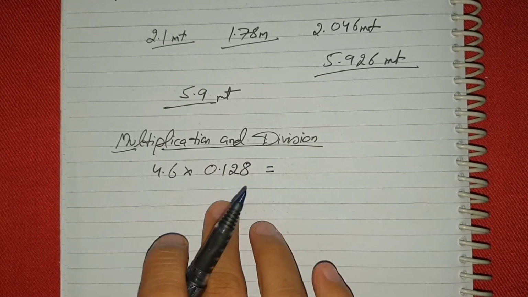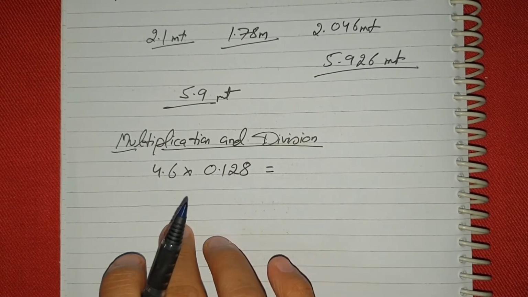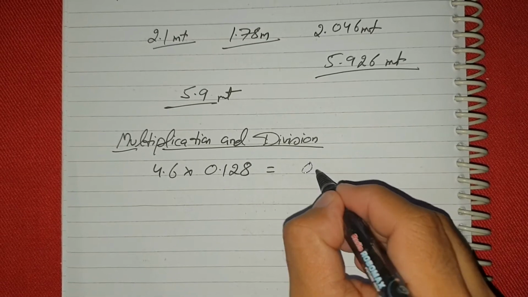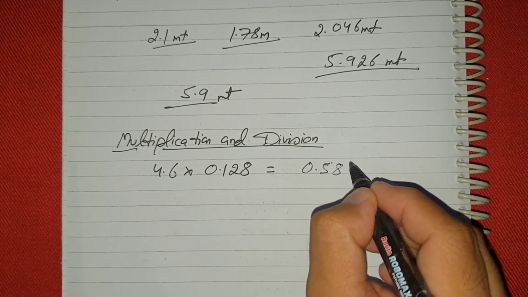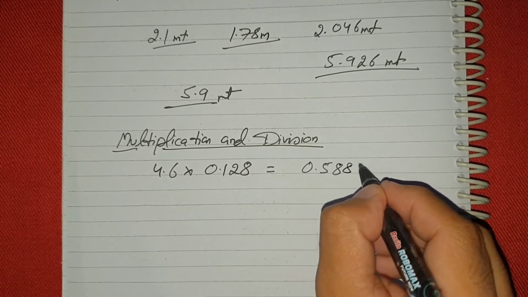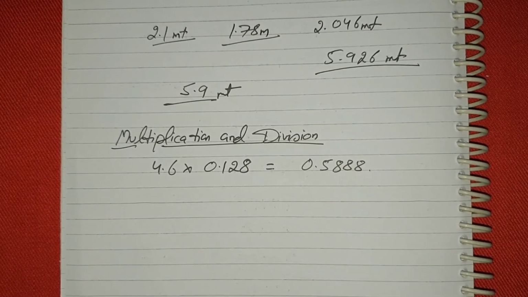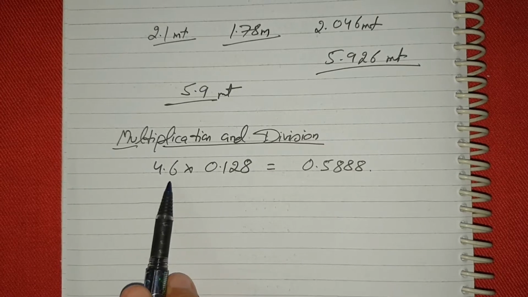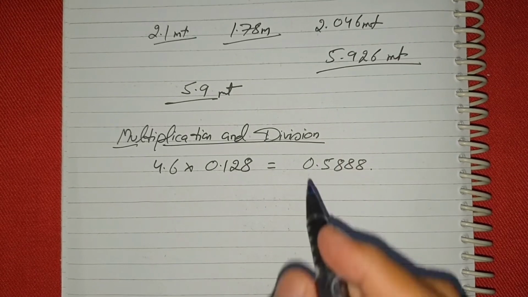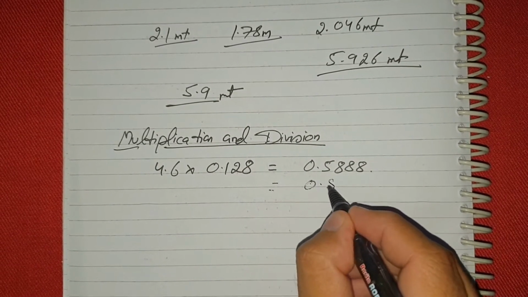If you multiply them, the answer comes out to be around 0.58. You can do it in a calculator also, or just try to multiply. But our answer should be up to 2 significant figures, like 4.6. So we round it off. Answer is 0.59.